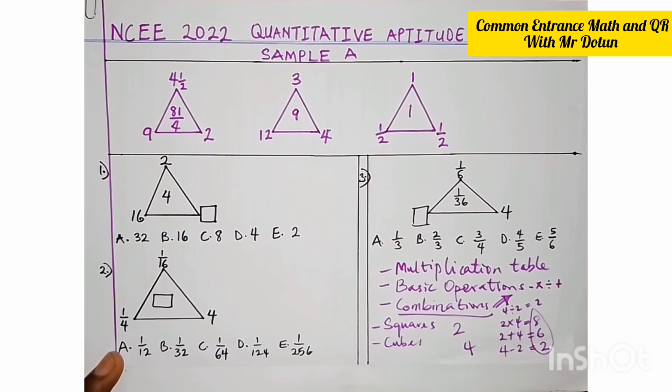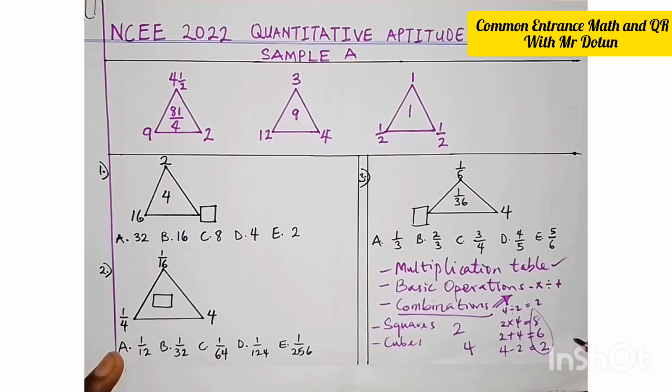You should know those perfect squares, at least from 1 to 20. Then your multiplication table, you should know from at least 1 to 12. Then pay attention, look out for combinations using your basic operations.